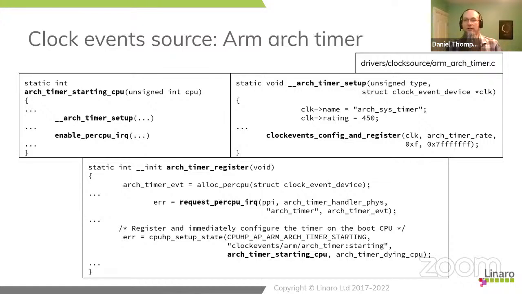So there are some more fragments of code from exactly the same C code that I've shown you before. We can see timers registering in different forms. In timer setup, we've got some more clock events to register. We've got a rating again to say this is one of the best clocks in the system. You can see we request a per CPU IRQ, which is interesting for two reasons.